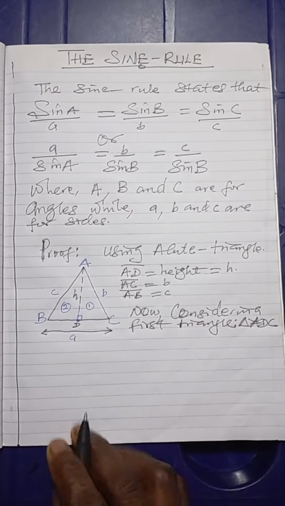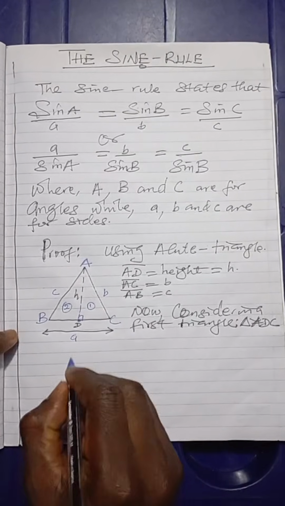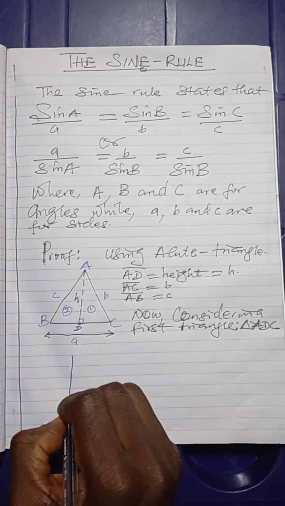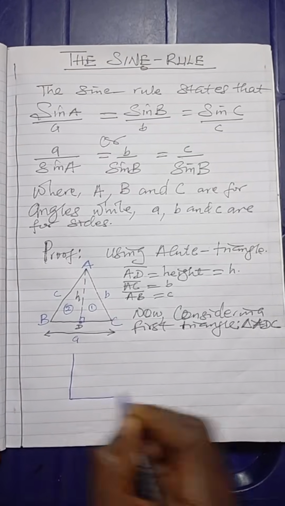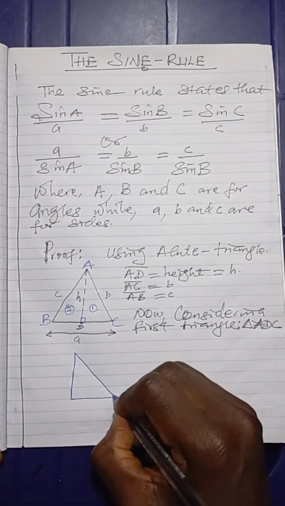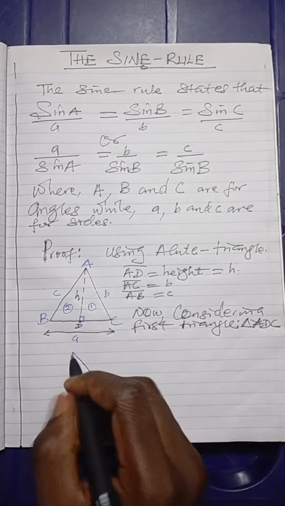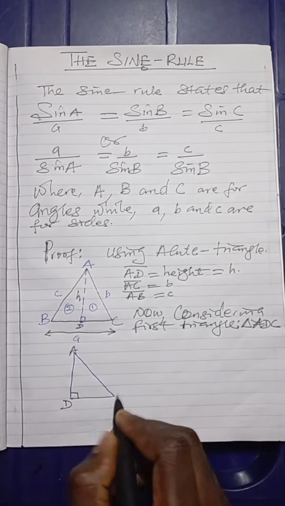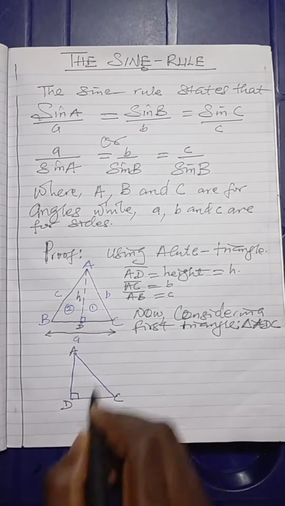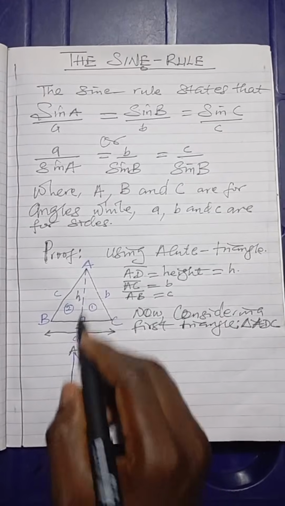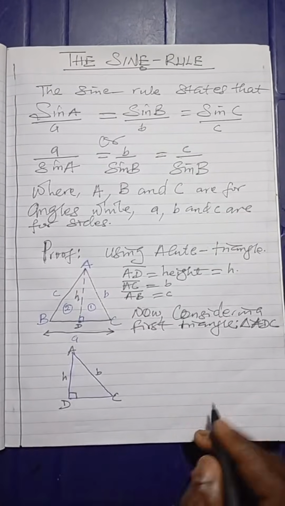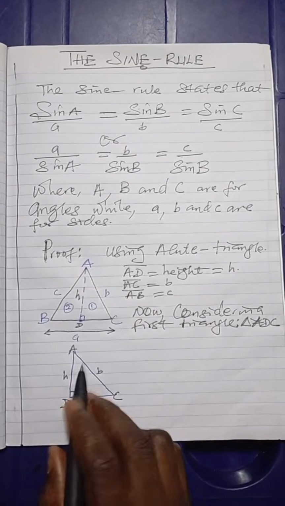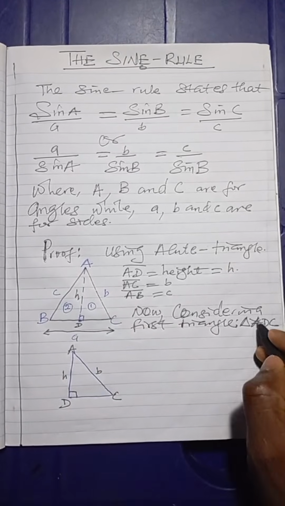Okay, good. I can have something like this. So I'll have A here. This is D, and this is our C. Here is B. Now this is our height. That is triangle ADC.